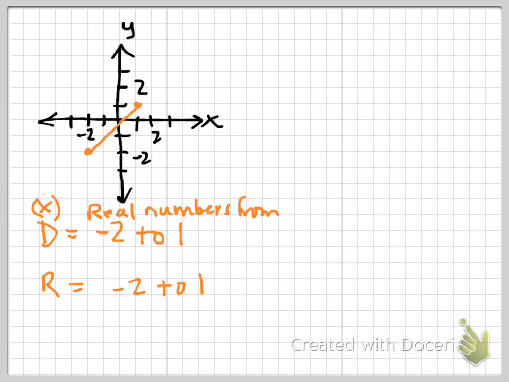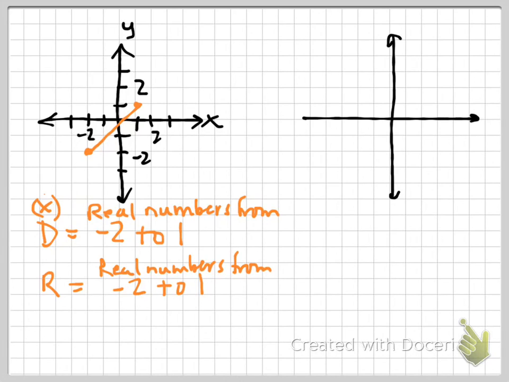Yeah, all those little increments, because it's a solid line between them. So this answer is also real numbers from -2 to 1. Now, I'm going to replicate that diagram, but I'm going to make one subtle change. But it will have a profound effect on our answer.